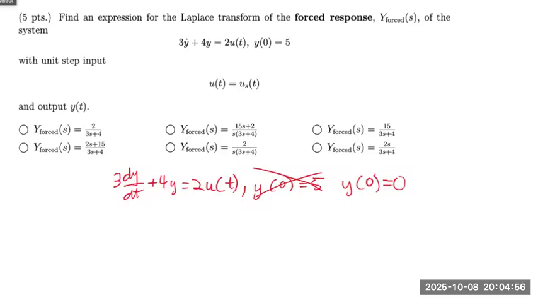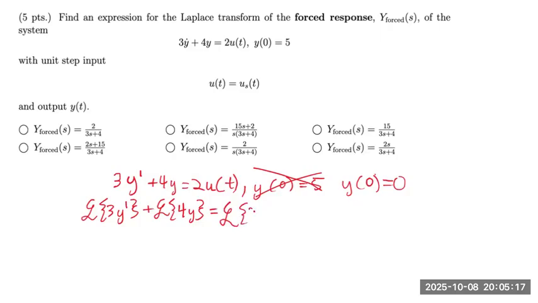Instead of writing dy/dt, we can write y prime, which is usually what the Laplace transform uses. And we want to take the Laplace transform on both sides, so the Laplace of 3y prime plus the Laplace of 4y equals the Laplace of 2u(t).